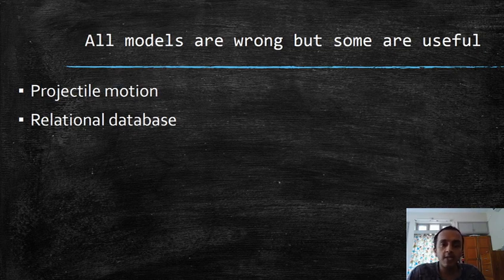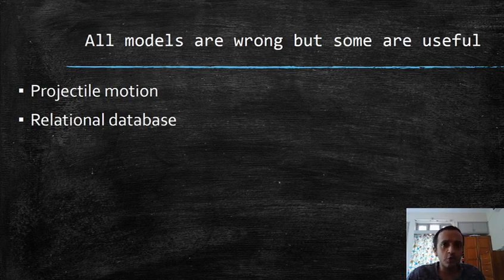Then you assume that when you throw that object into the air, there is no air resistance. Then you assume that the only gravitational force acting on the object is the gravitational force of the earth, which is again wrong, because every other physical body would exert gravitational force onto that particular projectile.